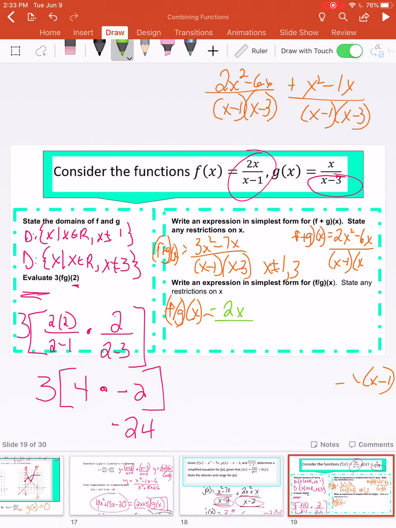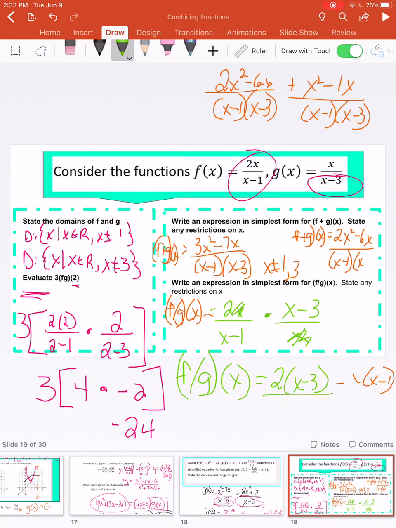So you have 2x over x minus 1 times x minus 3 over x. Now from here, we can cancel like terms. So those x's cancel out, so then I'm just left with 2 times x minus 3 all over x minus 1.